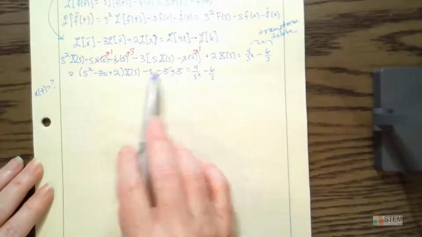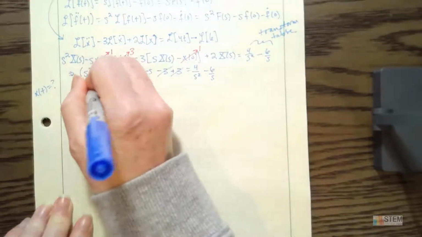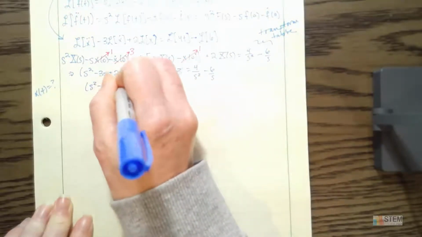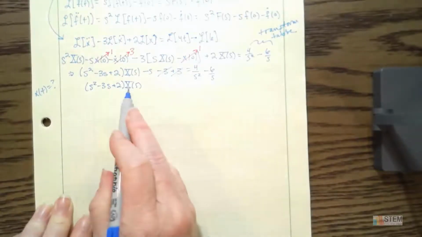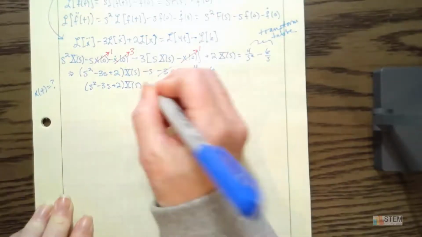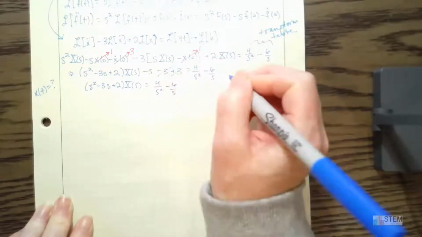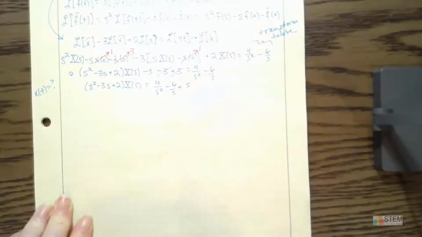Okay, I want to move it over, and then eventually we'll be able to solve for just X of s. Okay, so we got s squared minus 3s plus 2 times X of s, and then that's going to equal 4 over s squared minus 6 over s plus s.